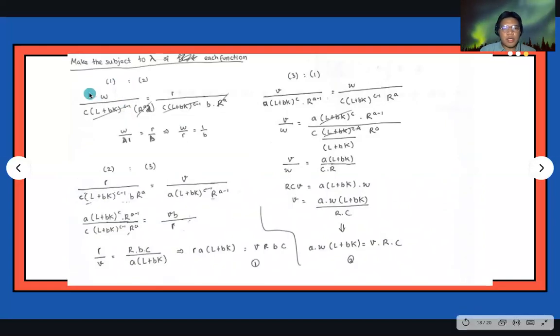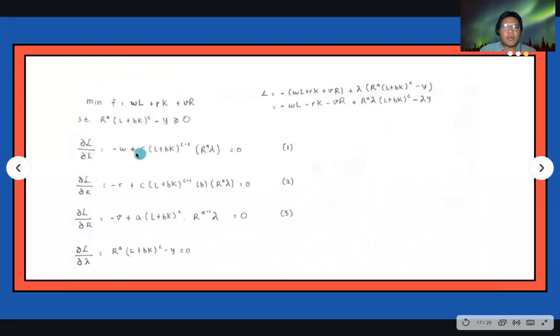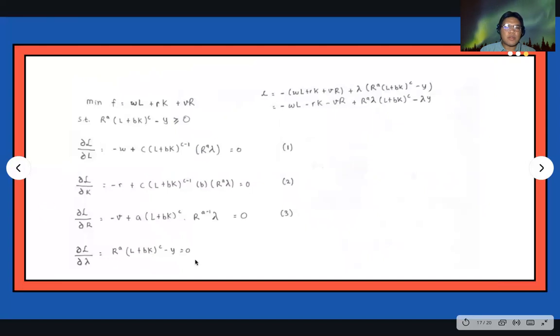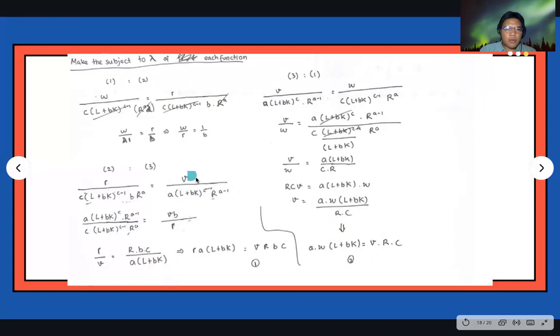We just substitute it. First you have to do the manipulation in order to obtain this. And then we find that W over R equals 1 over B.